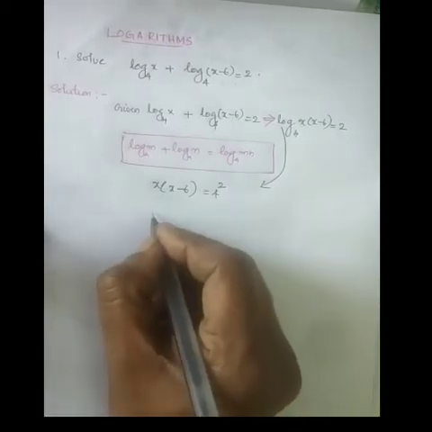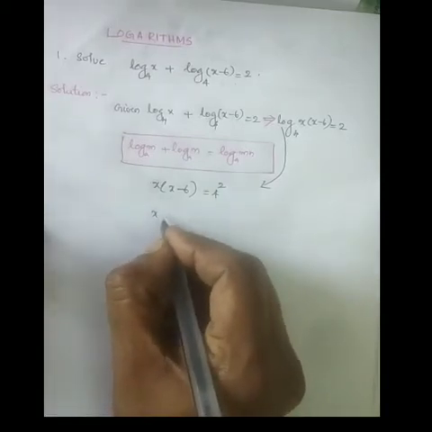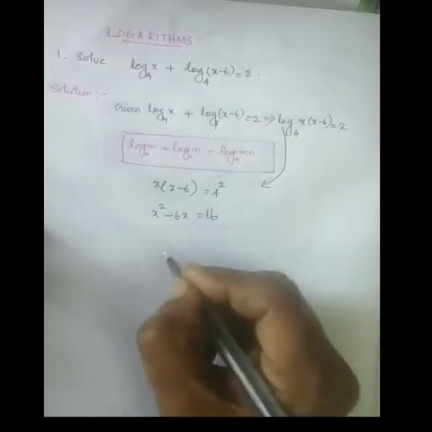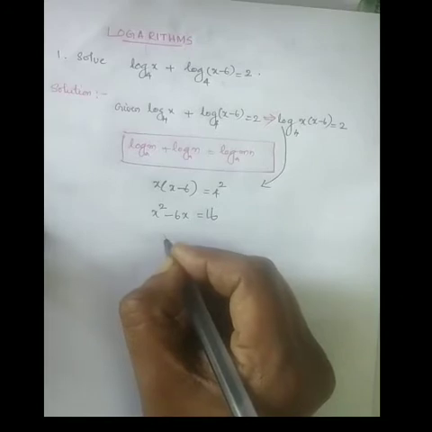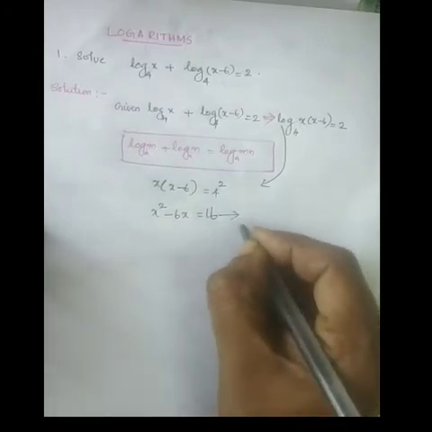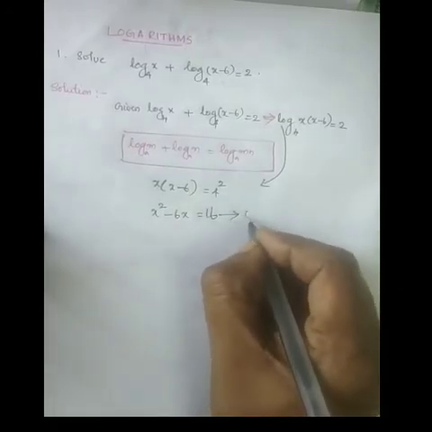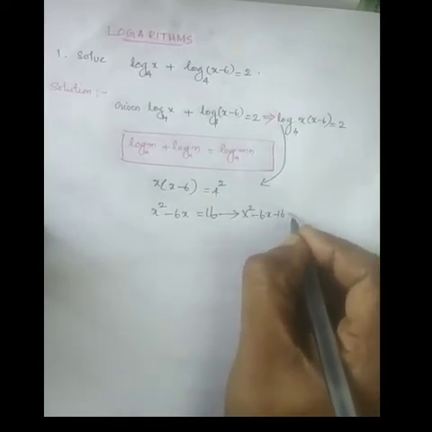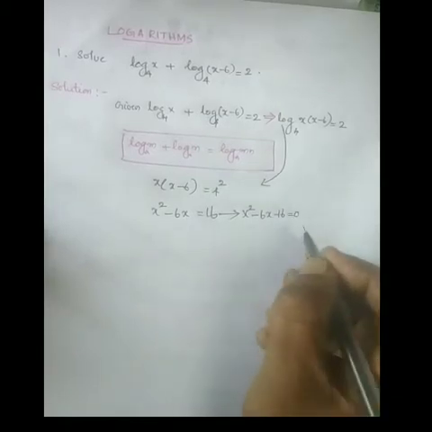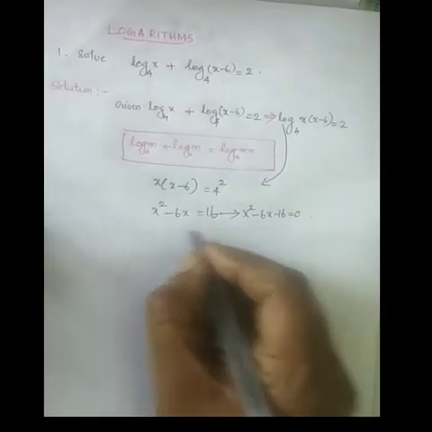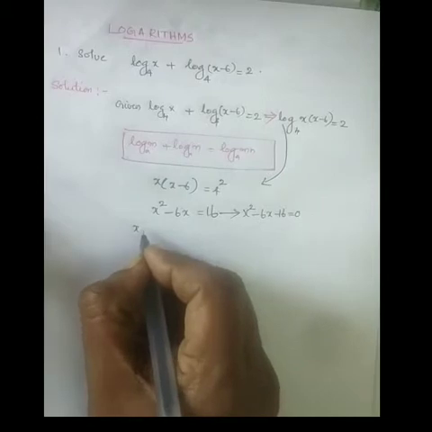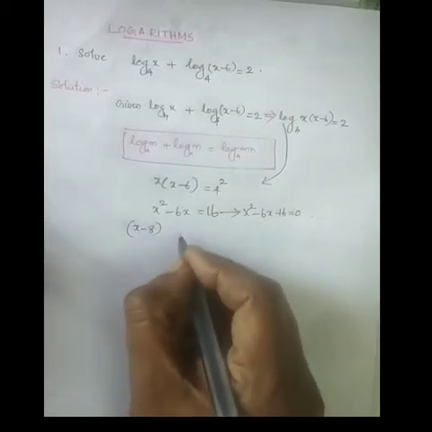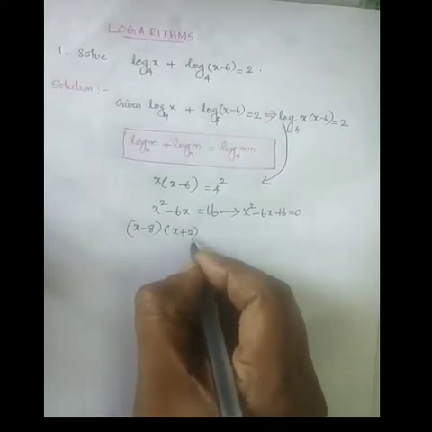Then x into x, it is x square minus 6x equal to 16, or x square minus 6x minus 16 equal to 0. Therefore, we can write this as (x minus 8) into (x plus 2) equal to 0.